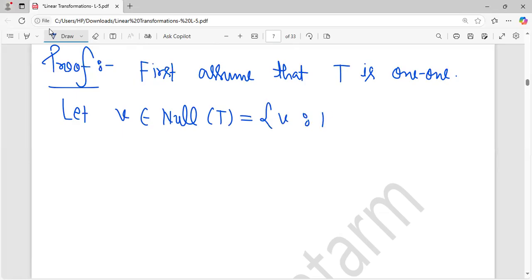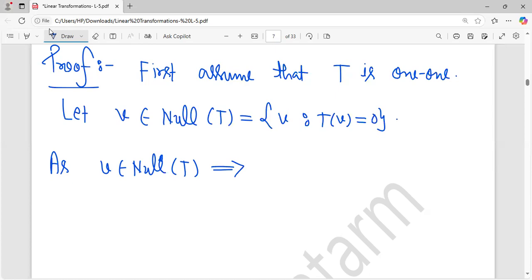It is the set of V such that T V is equal to 0. As V belongs to null T, this implies T V is equal to 0.